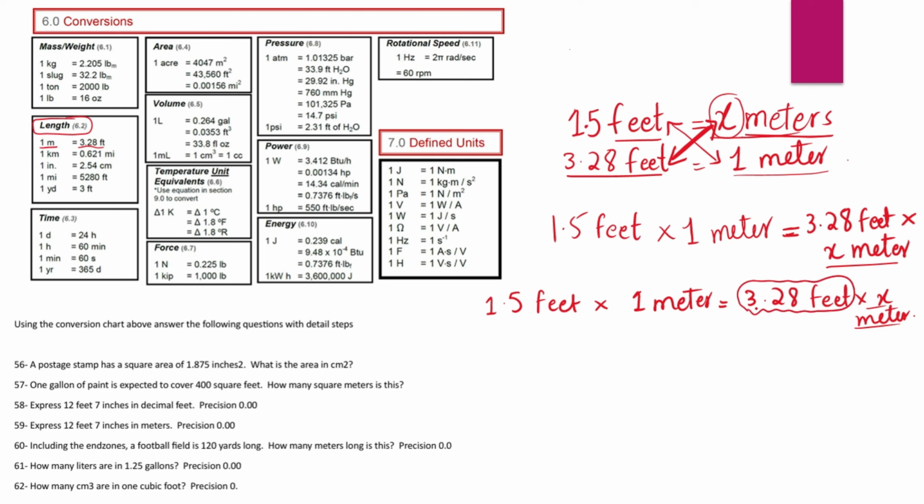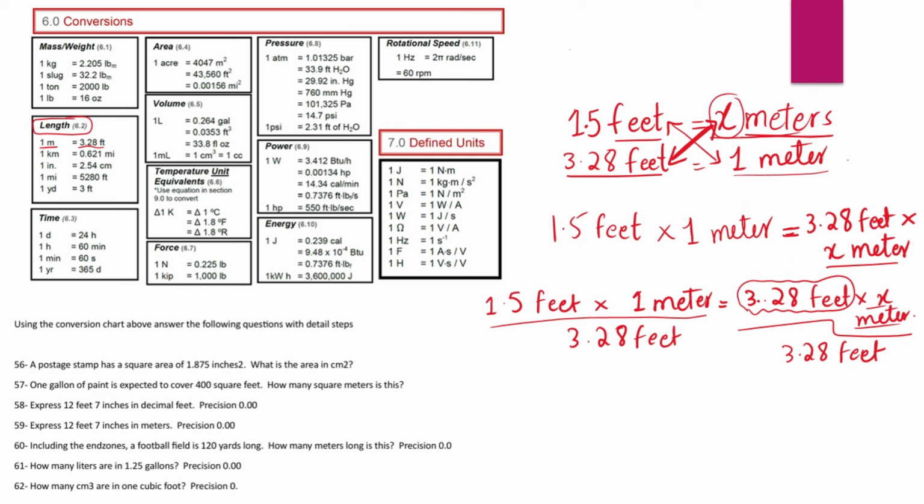In order to remove 3.28 feet, we need to divide both sides by 3.28 feet. Can we do that? Yes, we can, because we can multiply or divide anything on both sides. So we are dividing both sides by 3.28 feet.